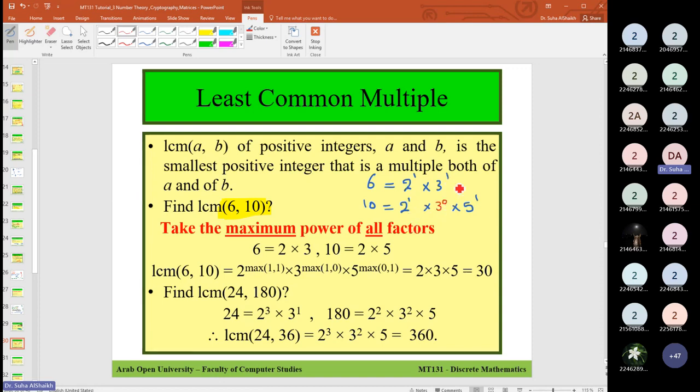This means this is 3 power 0 and here I have 5 power 0. So the LCM uses the maximum power. The maximum power of the 2 is 2 power 1, of 3 is 3 power 1, of the 5 is 5 power 1, and this equals 30. So the LCM between 6 and 10 is equal to 30.